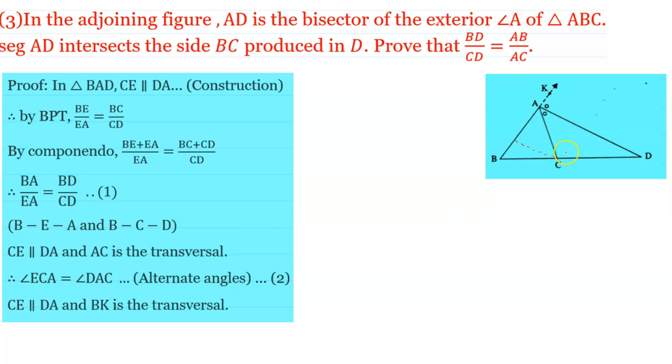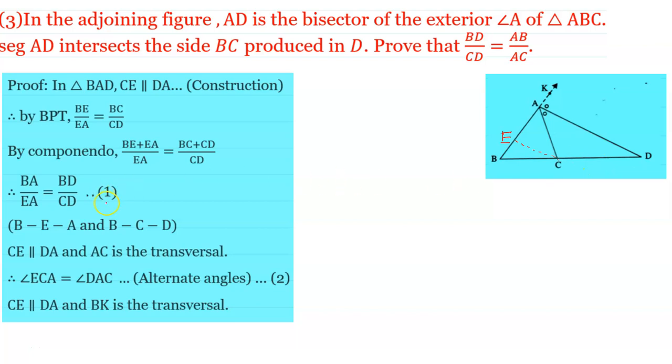And if I write here E, as this EC is parallel to AD, hence by the basic proportionality theorem, that is by BPT, we have BE upon EA is equal to BC upon CD.